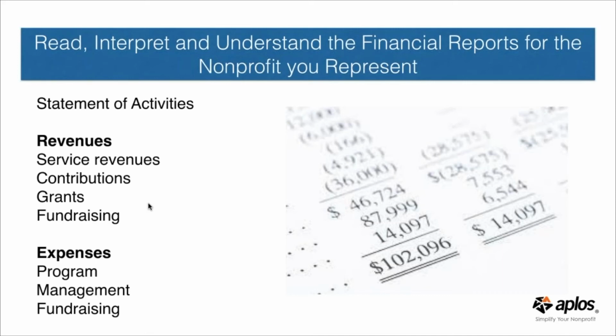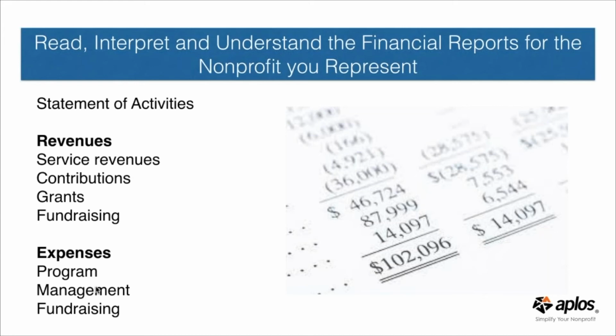And then, of course, your expenses, same idea. If you can break down your expenses and understand how much goes to program versus management versus fundraising, you'll have a better understanding of that. Sometimes program and management can kind of bleed together a little bit. Typically, a program is the actual doing of the work.